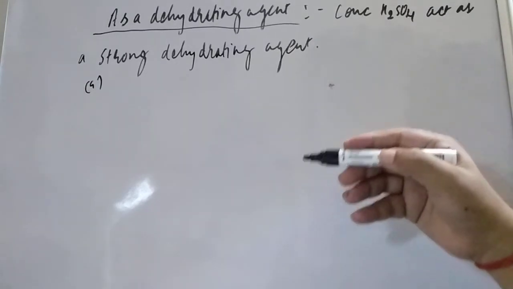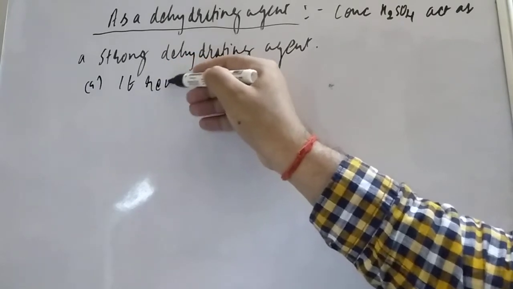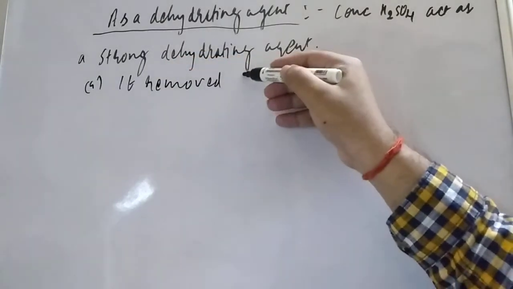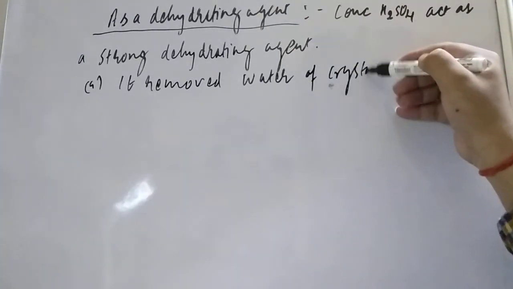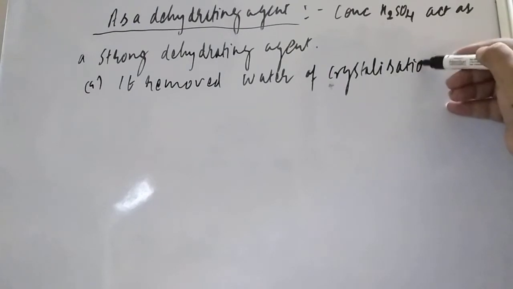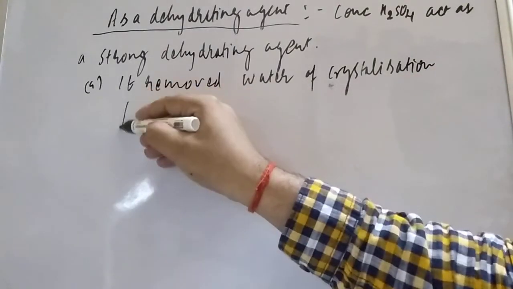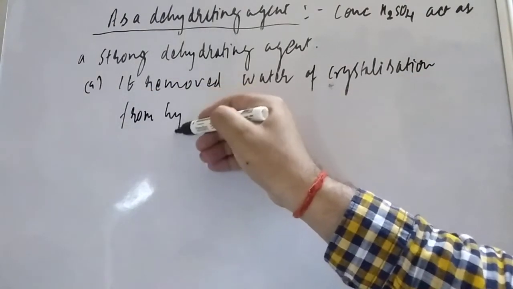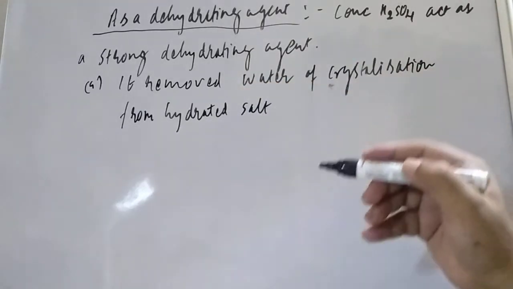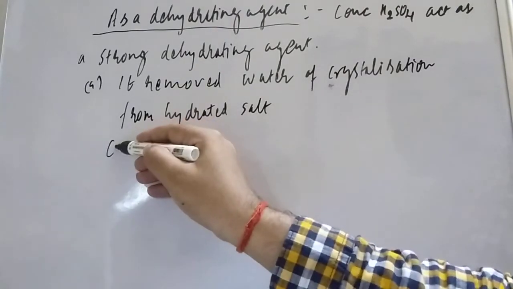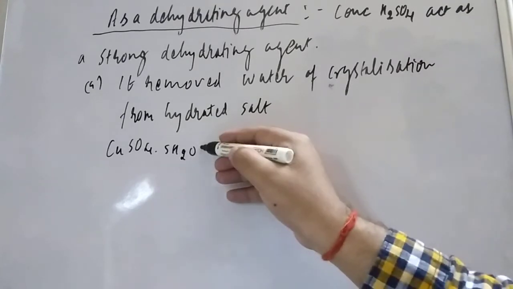Now, first, it removes water of crystallization from hydrated salt. For example, CuSO4.5H2O. What will it do, student?